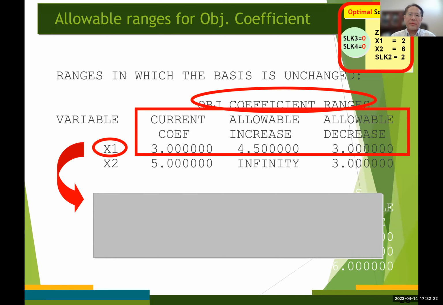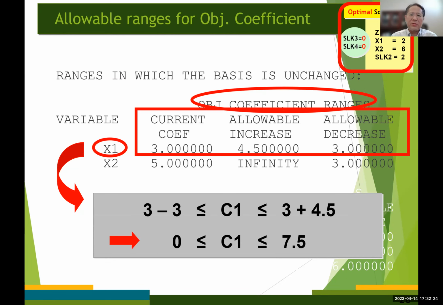So the allowable range to stay optimal for the objective coefficient of the x1 variable, for example, can be interpreted like this. So the C1 value must be greater than or equal to 3.